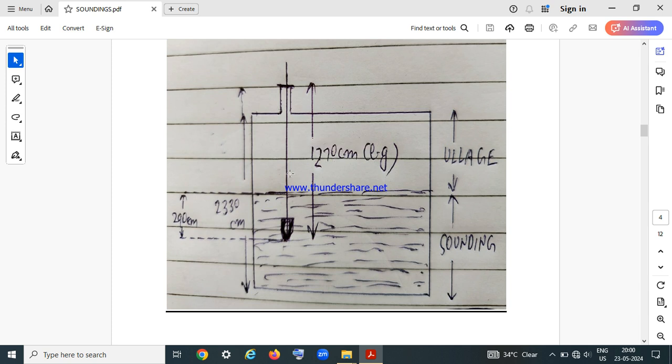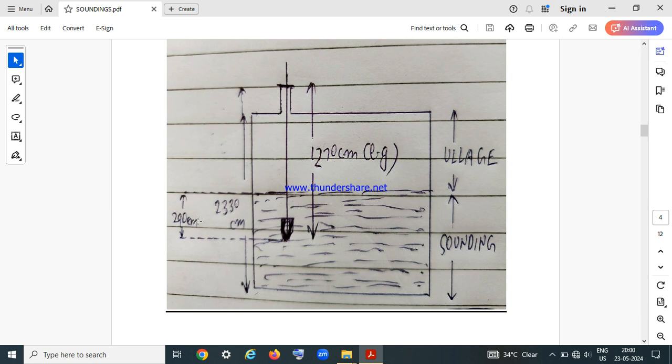So here what you will do, here you can see again same thing, ullage and sounding, and here I have calculated 290 centimeter. So 290 centimeter it is showing is the fuel which was showing on your sounding tape when you will pull out the sounding tape after putting inside.